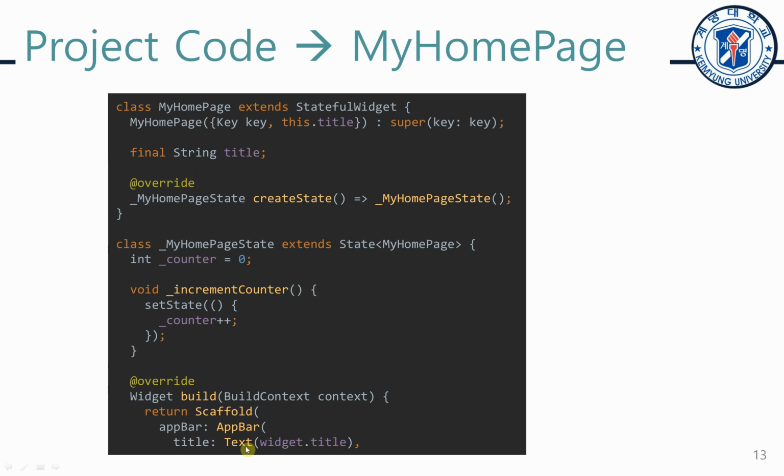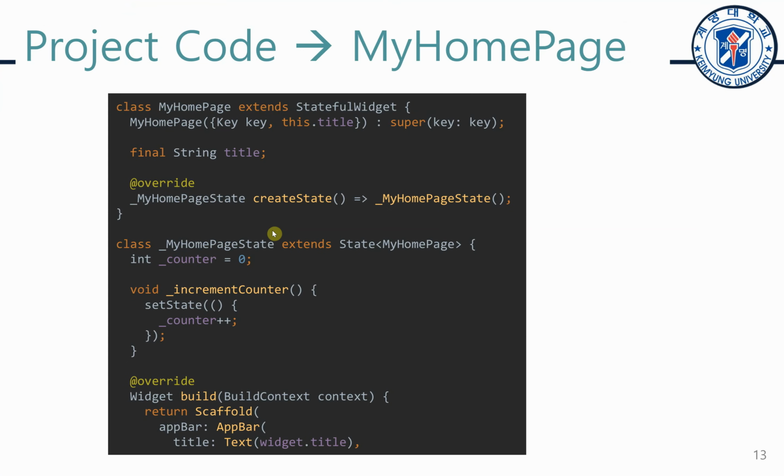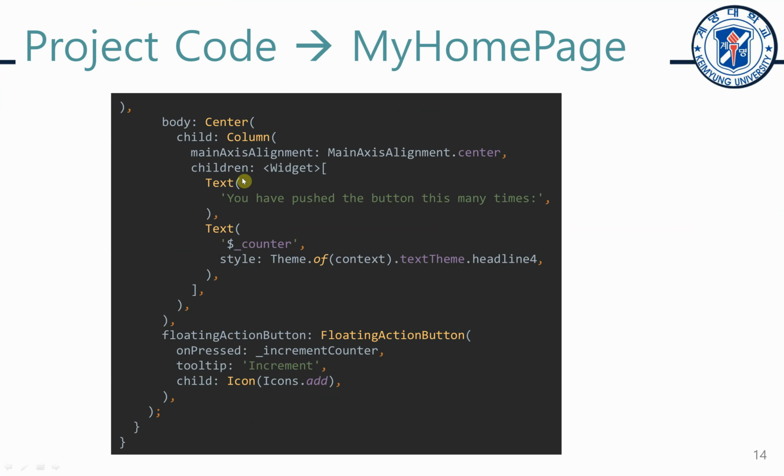And then we have a column that holds text and another text. And then we have a floating action button in that program.